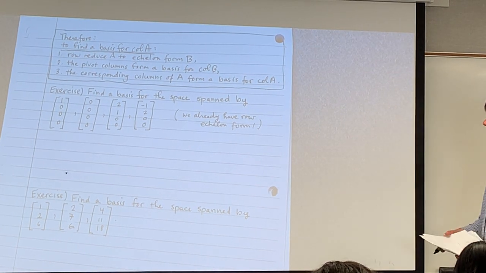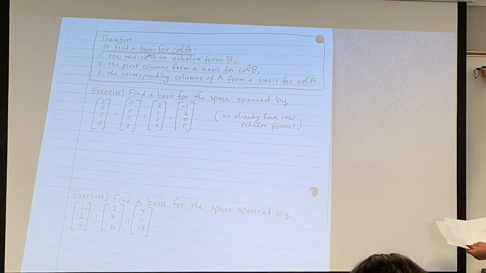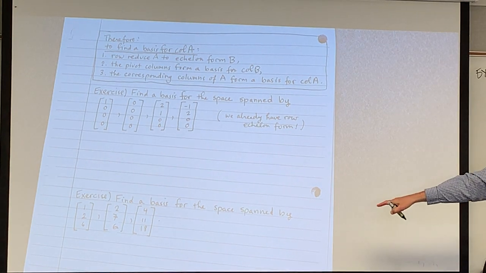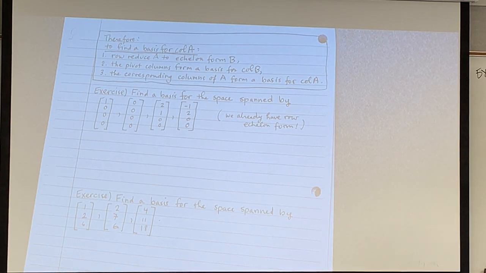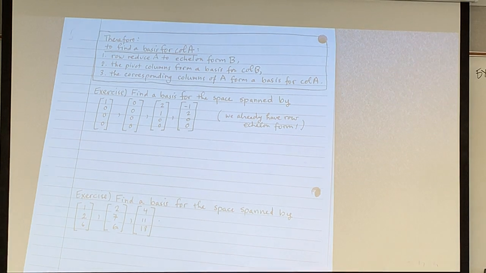B, or the second exercise, find a basis for the space spanned by 1, 2, 6, 2, 7, 6, 4, 11, 18. So again, let our matrix have those columns, 1, 2, 6, 2, 7, 6, right? 4, 11, 18.